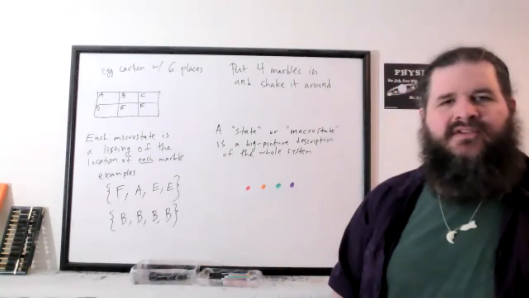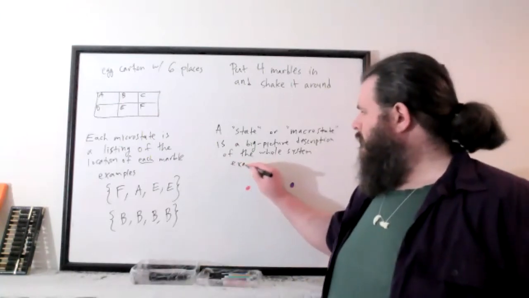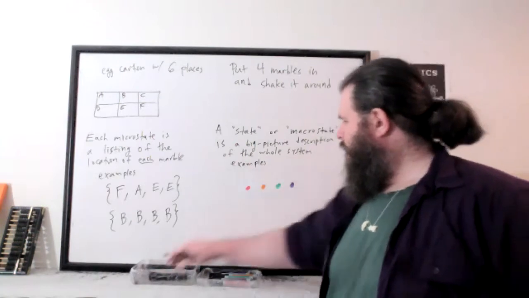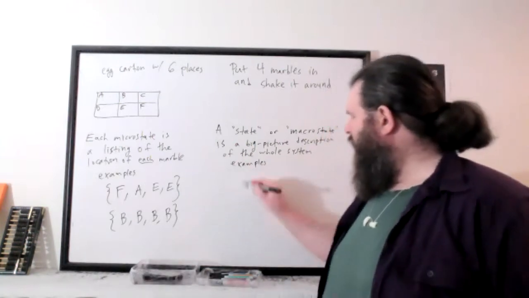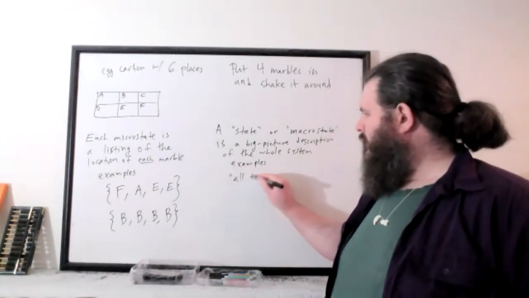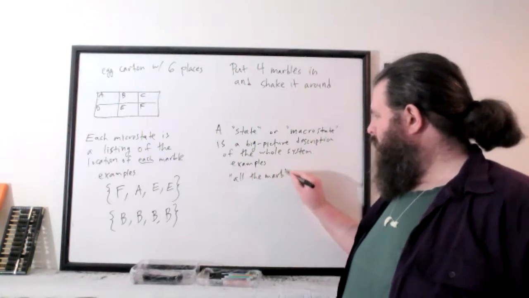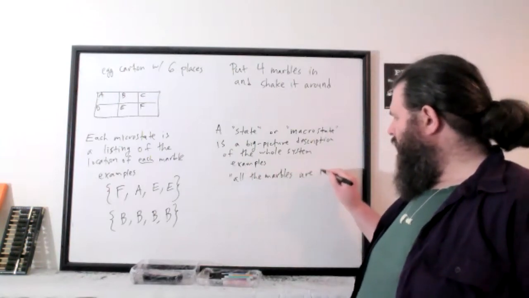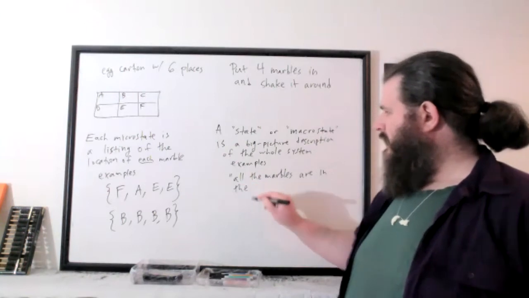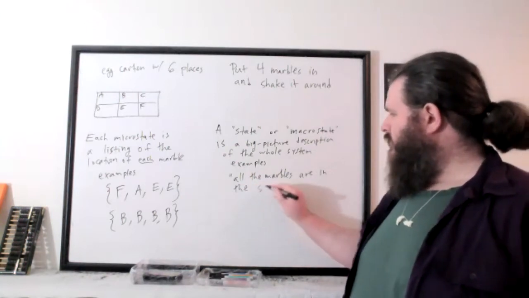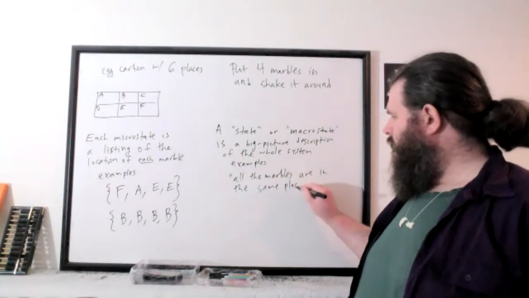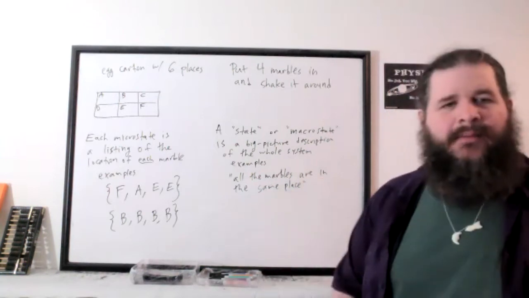So for instance, if we said all the marbles are in the same place, this would be an example of a state.